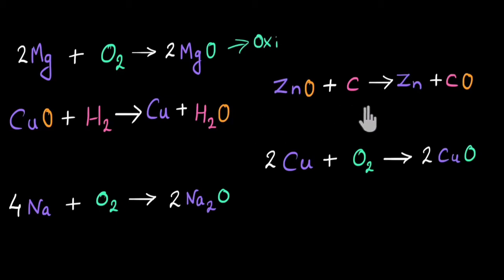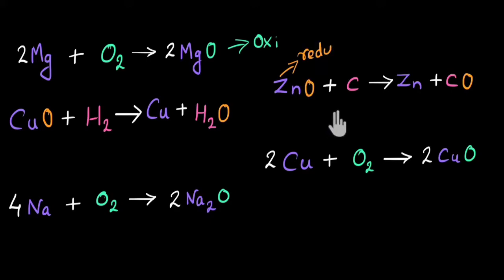Now this is the second example. Here I see that zinc oxide is reacting with carbon and giving zinc and carbon monoxide. So if I focus on zinc, see, initially it was combined with oxygen, but finally it has lost the oxygen. So zinc is losing its oxygen. So we can say that zinc is going through reduction reaction, okay?